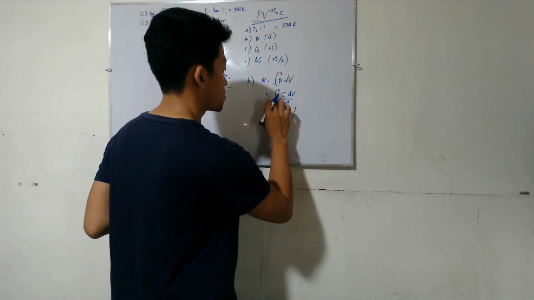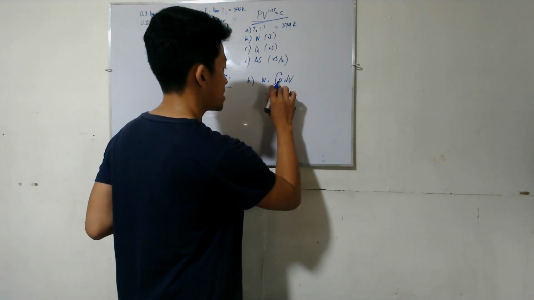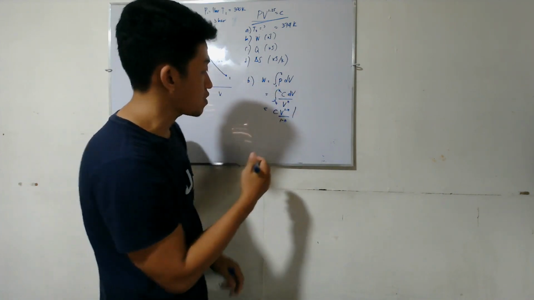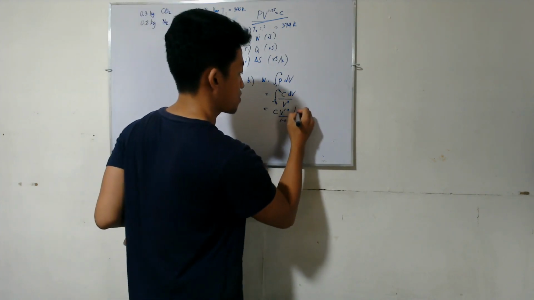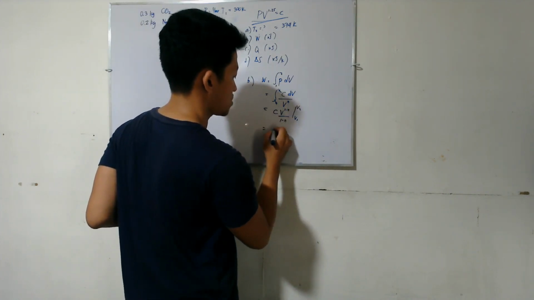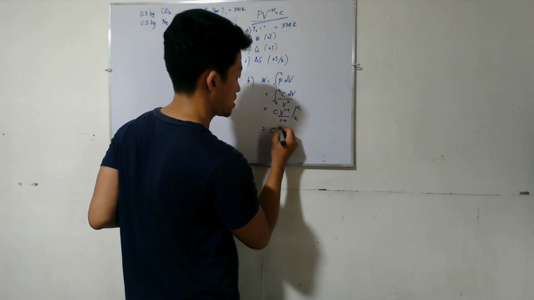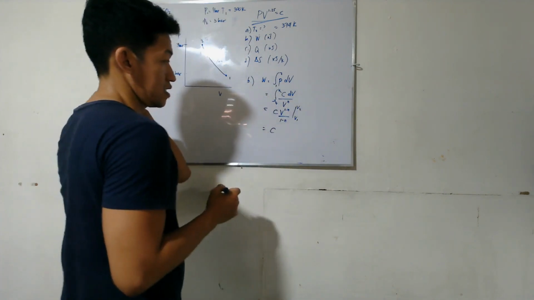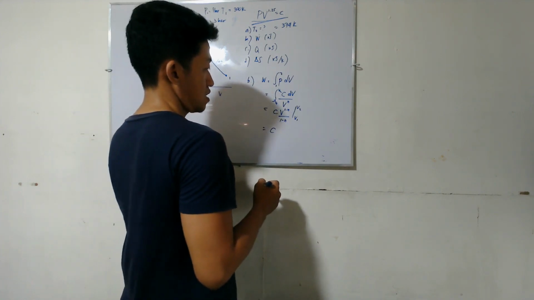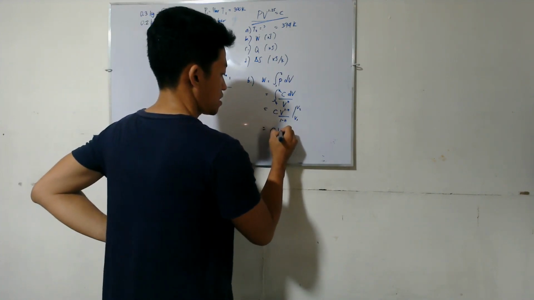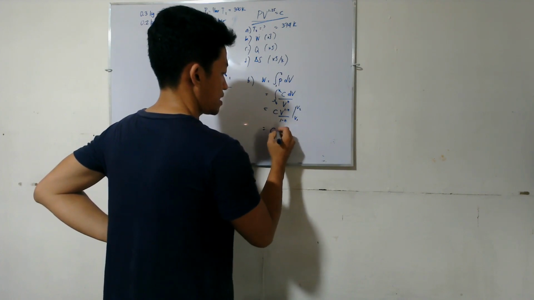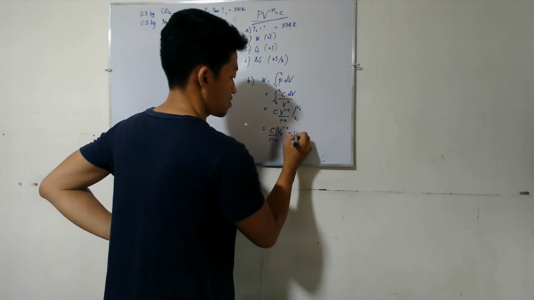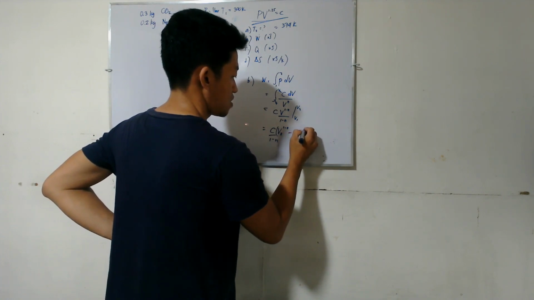So this becomes C times V2 to the 1 minus n over 1 minus n, minus V1 to the 1 minus n.